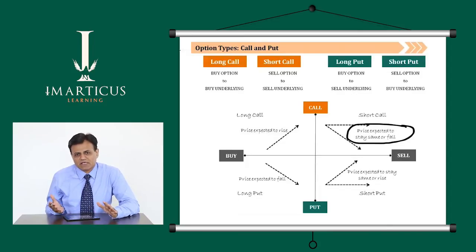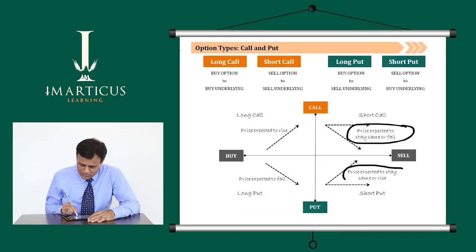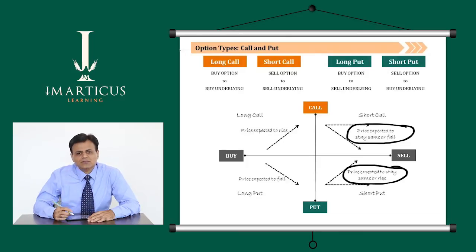Basically, he expects that the price would not rise. On the other hand, the seller of the put expects the prices to stay same or rise. Simply speaking, the person who is short put expects the price not to fall.